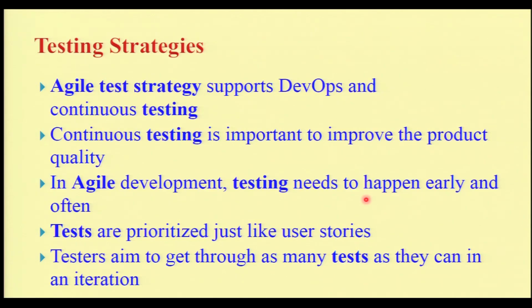Usually the testing strategy differs from model to model. When we use a traditional life cycle model, you would have studied various traditional life cycle models like the waterfall life cycle model, which is also called the linear sequential model or the classical life cycle model.